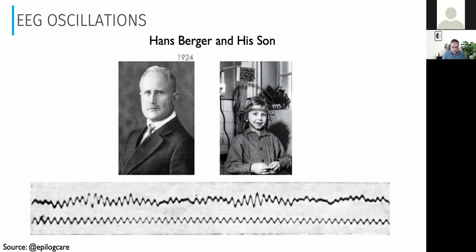On the bottom, you have the actual EEG trace, and he compared it to a 10 hertz pure sinusoid. He noticed that when eyes were closed or as people were starting to fall asleep, you had this really clear sinusoidal rhythm, and it was the first one that he discovered, so he called it the alpha rhythm. And that's how we got the basis of the EEG bands that we use today.